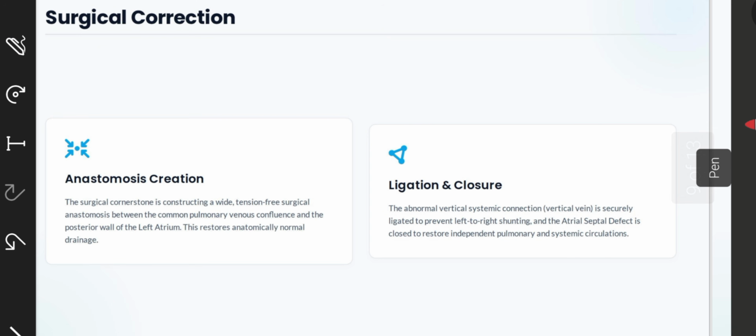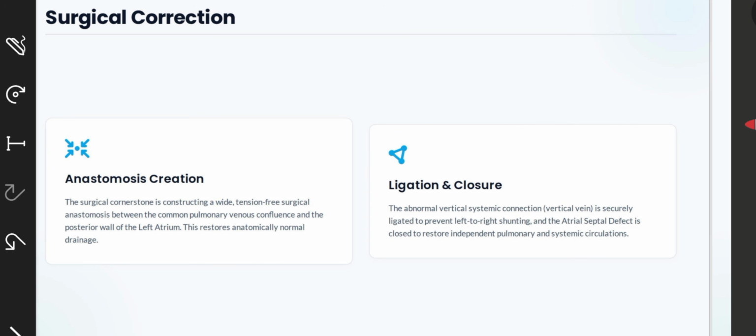Now the treatment. As I said, this is an emergency. Infracardiac TAPVC is an acute emergency. In infracardiac TAPVC, the child presents with severe cyanosis since birth, and in the obstructive type the child has duct-independent circulation, so you need to operate on the child as early as possible.